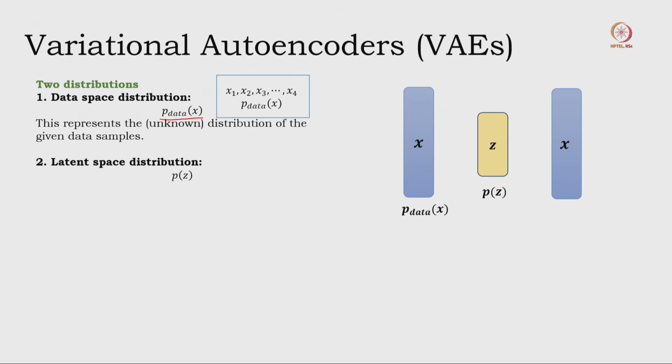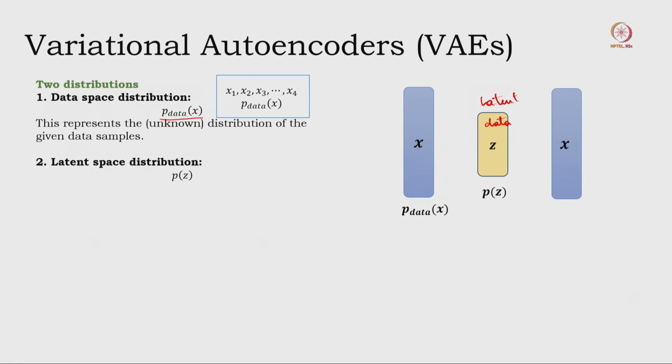Now, we know that when the input is passed to some model, we get the latent space or latent representation. From the input, you are getting the latent, which is also a kind of compressed data. That data will also belong to some distribution.